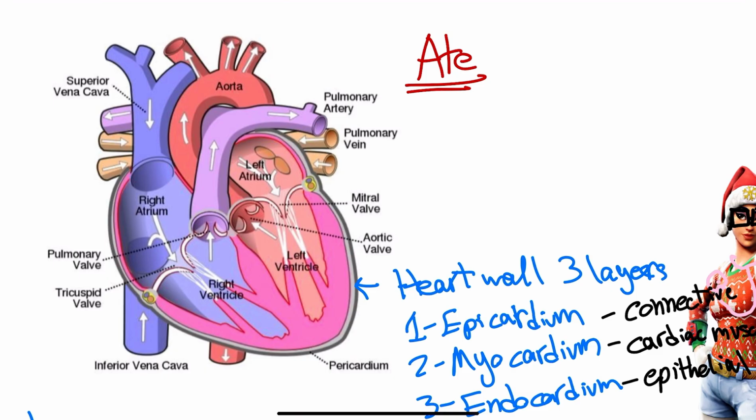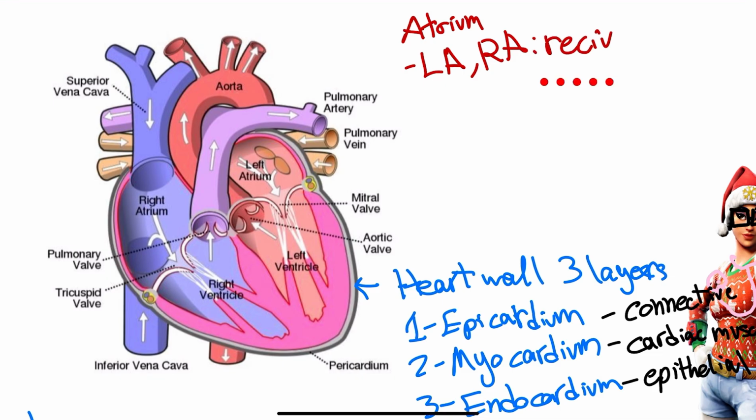Let me write the atrium right. Left atrium, right atrium, receive blood. So the atriums are always going to be receiving the blood. They are eating. So atrium, 8, eating. And then we have our ventricles.